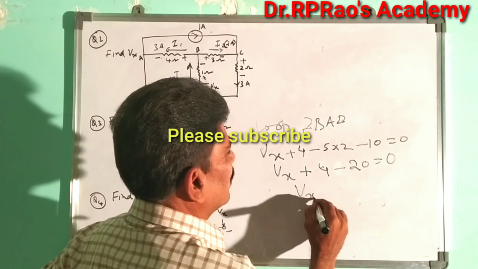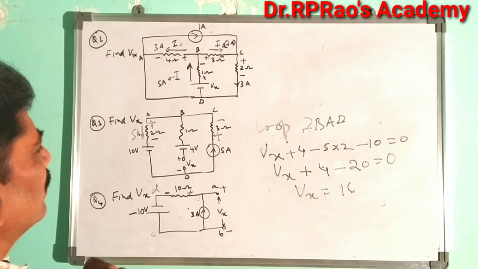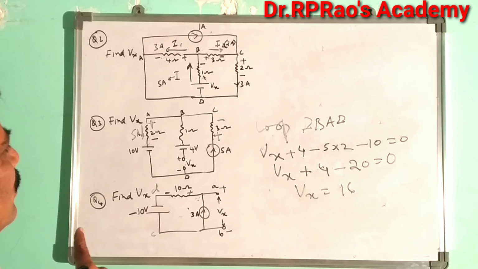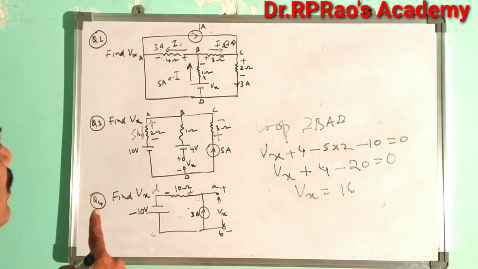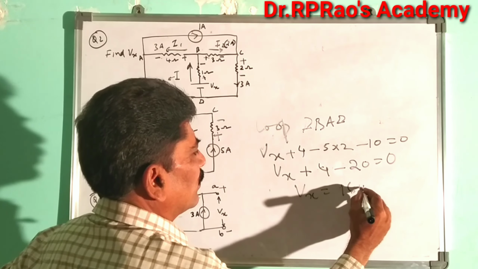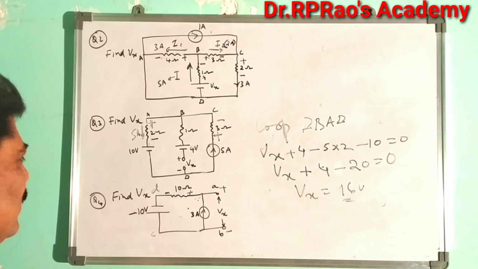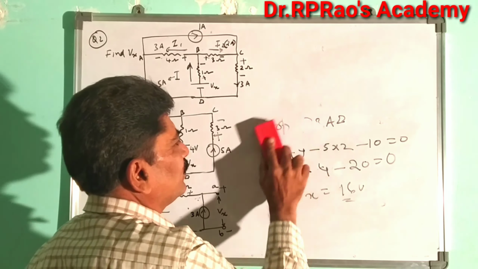So Vx is equal to 16. 5 into 2 plus 4, right, 16 volts, right.